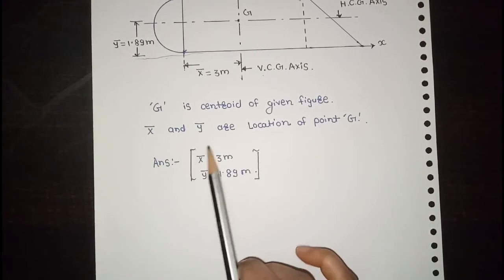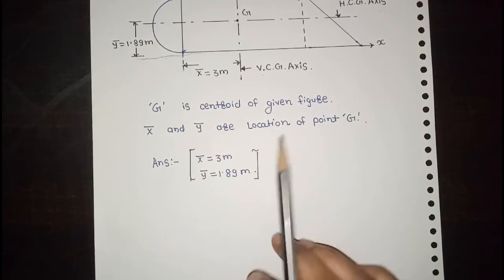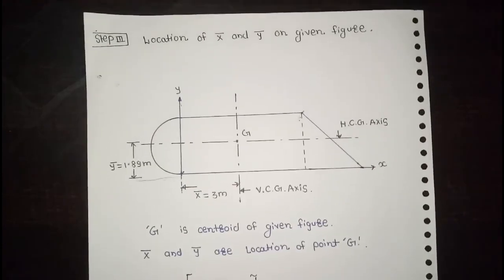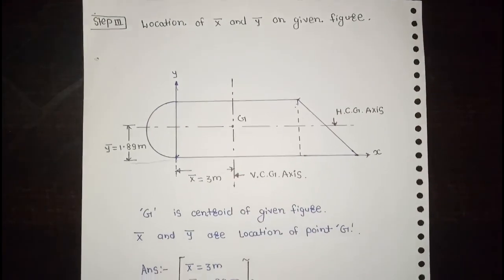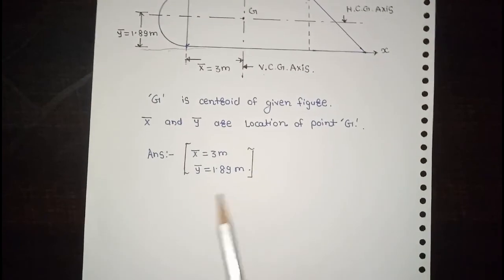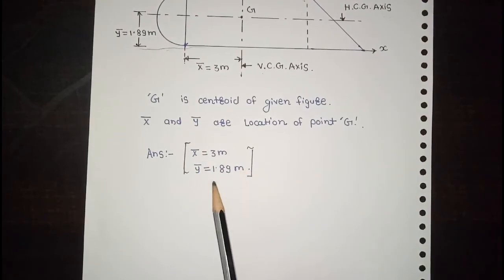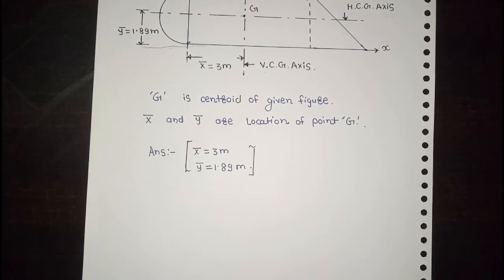So x bar and y bar are the location of point G: x bar 3 meter and y bar 1.89 meter. Thank you.